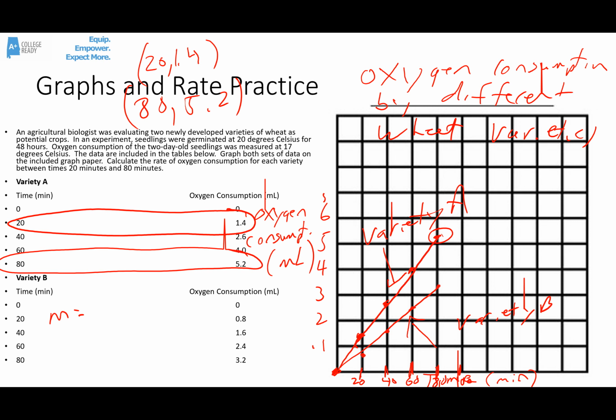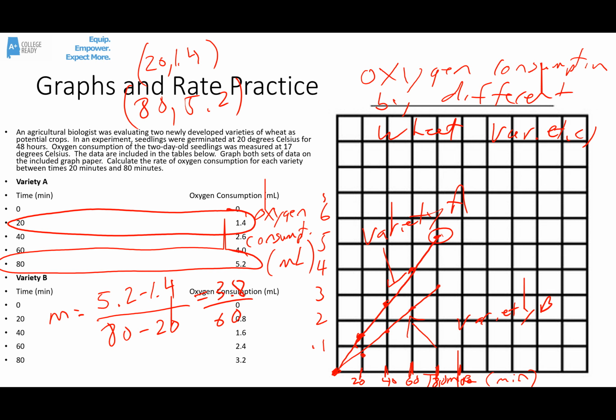And the slope between those 2 points is the change in y. So I'm going to go 5.2 minus 1.4 over the change in x, 80 minus 20. If we calculate that out, 5.2 minus 1.4 gives us 3.8. On the bottom of this, we have 60.